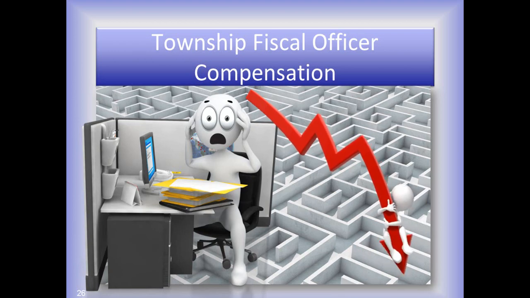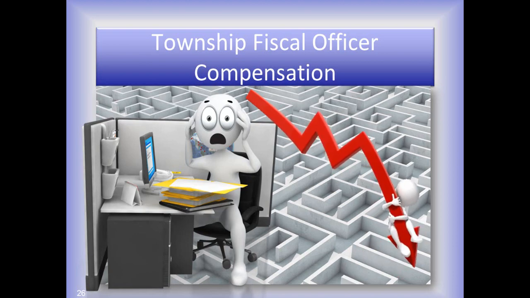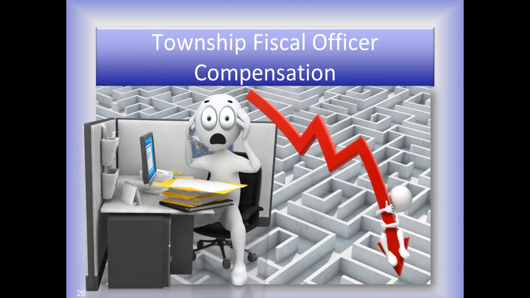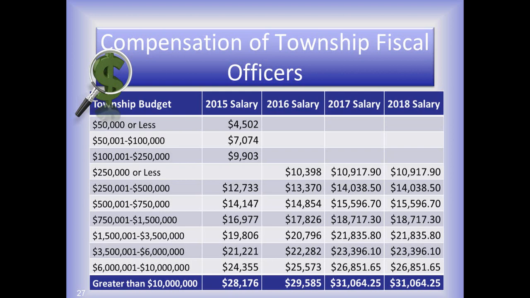Attendance at board meetings and other activities supporting the general business of the township must be allocated to the general fund. Therefore, the allocation of 100% of a fiscal officer's compensation to funds other than the general fund is not permitted under Ohio law. The amount of compensation varies with the township budget, as you can see in the table.